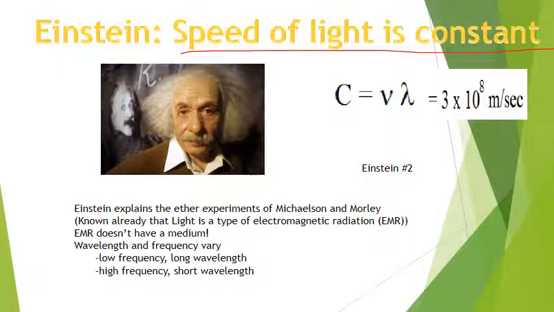Einstein explained that there were two guys, Michelson and Morley, who came up with an experiment. They were trying to prove that there was something called ether that light moves through, because light was considered a wave, and waves have to move through mediums, like water waves have to move through water. So these two guys were trying to find the material that light wades through, and they weren't really able to find it.